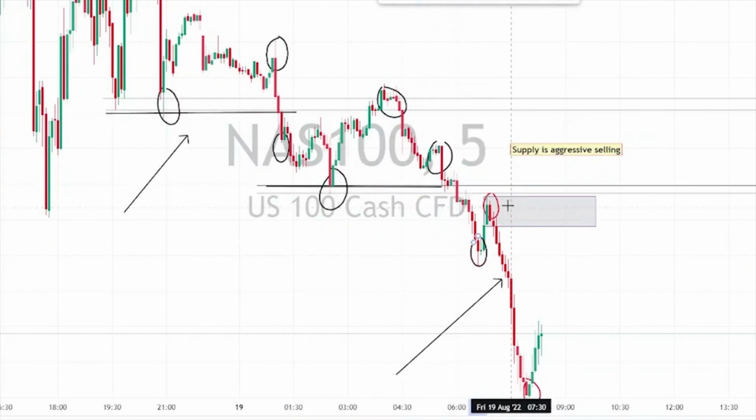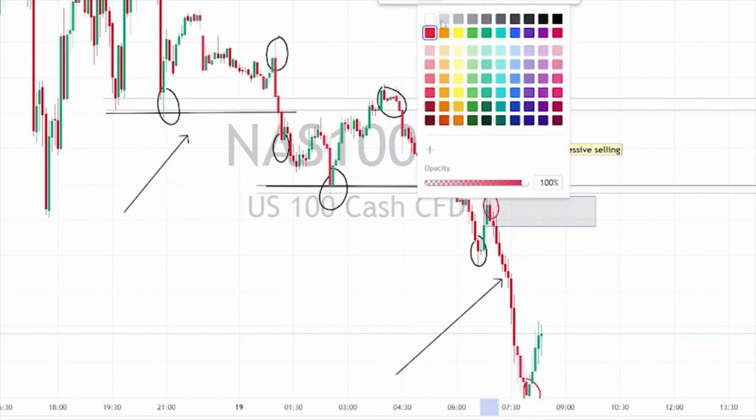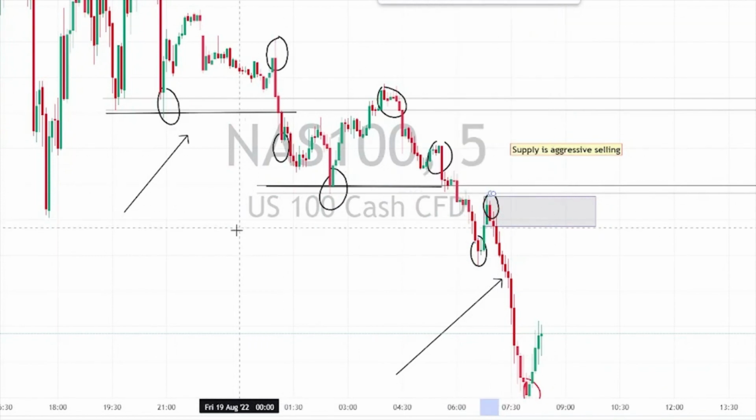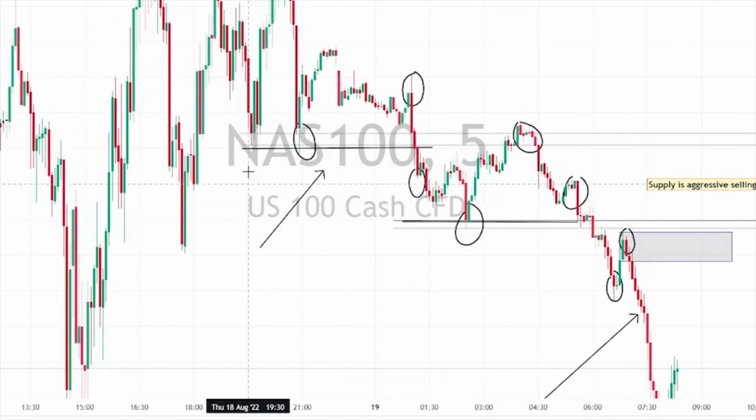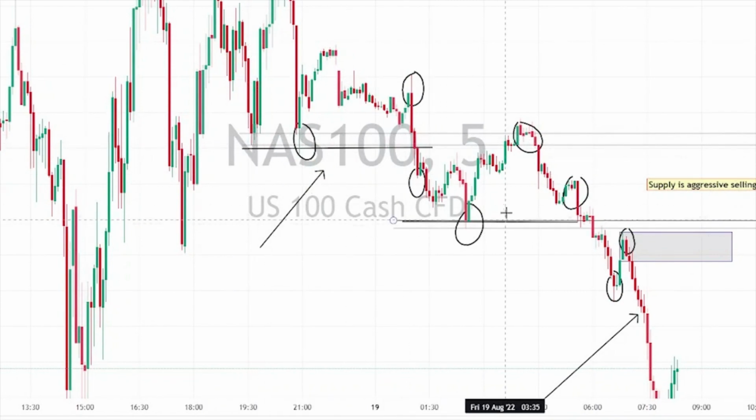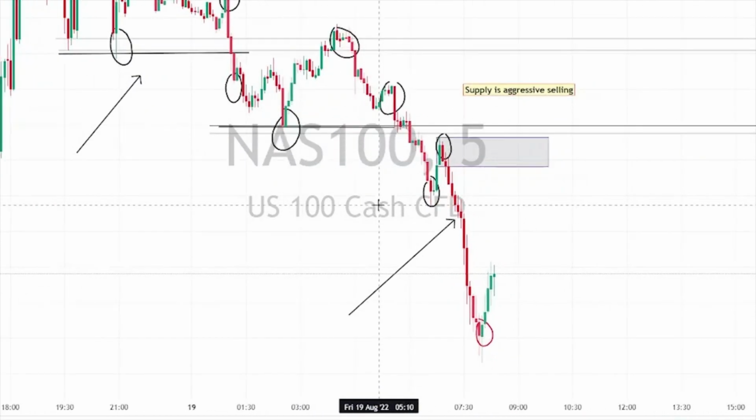Then you should be looking for structures. You should be marking your resistance below the candles for the market to come back and drop. I'm going to show you an illustration of that.